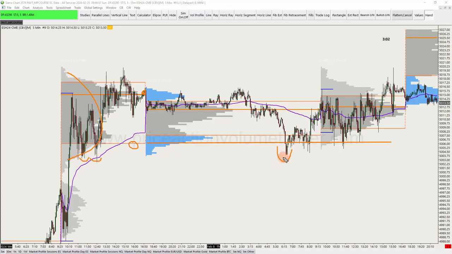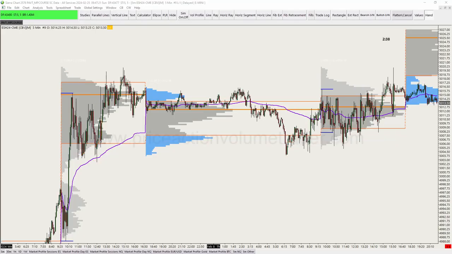Big support in these areas as well, and then we continued respecting this level, not just into the extended trading hours, but even into the next day's session, which was a pretty balanced profile. You can see how the market held this level really well, and then it just continued to the upside.